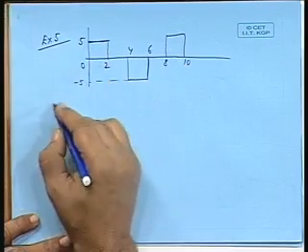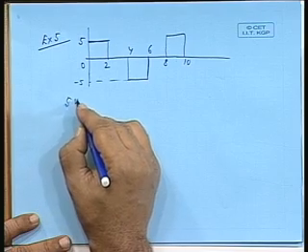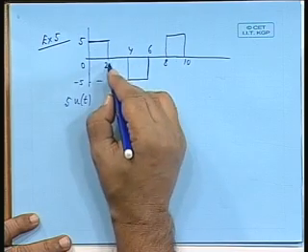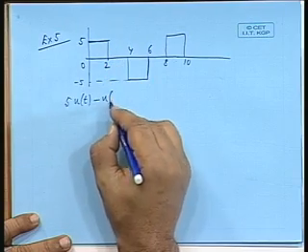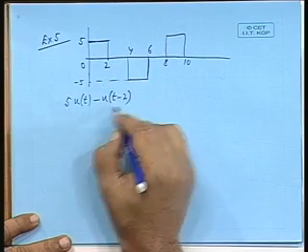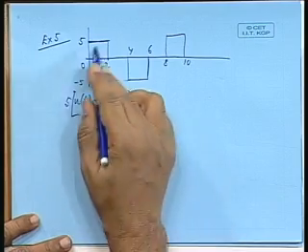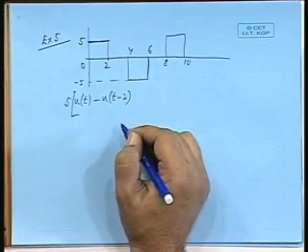Obviously, the first block can be written as 5 into u(t), and then at 2 seconds I apply a negative step, u(t minus 2). So, that gives me the first block.